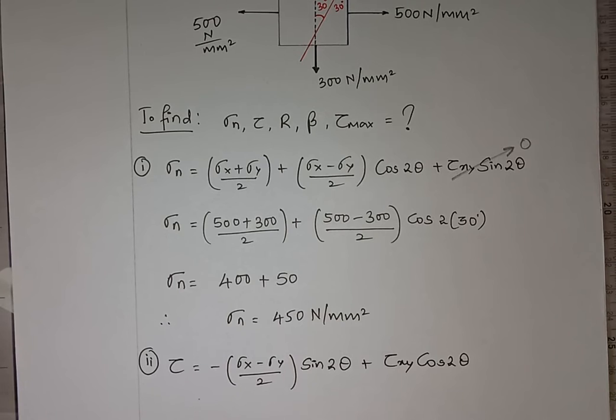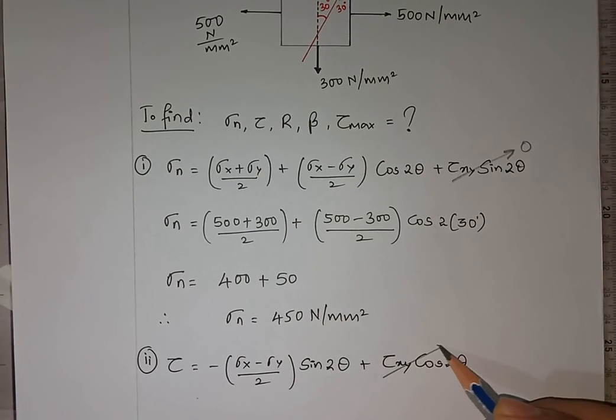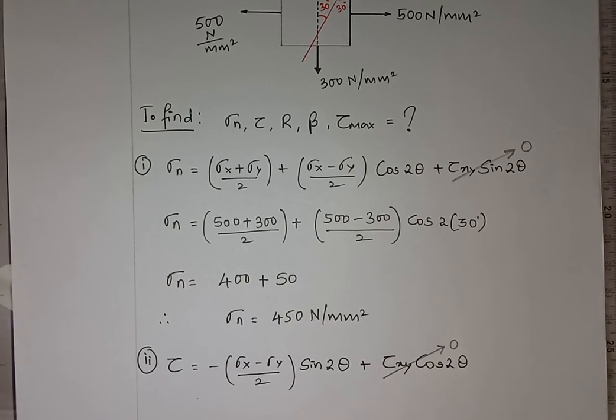Now once again, as already discussed, tau xy is not given, so its value becomes 0. If you substitute the values, tau will be minus of (sigma x is 500 minus sigma y is 300) divided by 2 into sine of 2 into theta, where theta is 30 degrees with a positive sign.